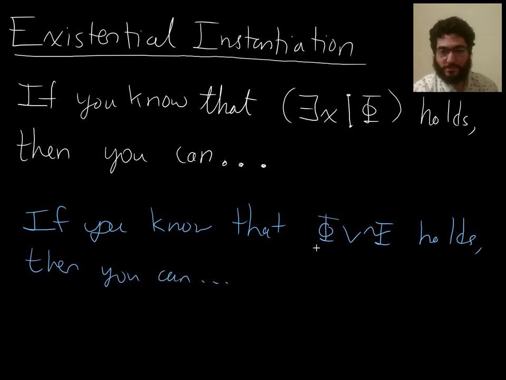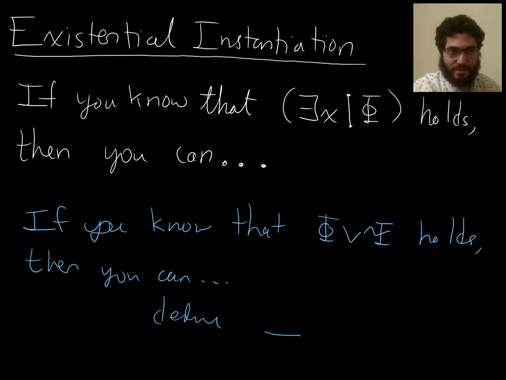How do we describe how to make use of an or? Proof by cases came up, and it didn't tell us that we can deduce anything exactly. It was more complicated than that. It didn't say you can deduce phi, because you can't. If you know phi or psi, then you don't necessarily know phi, and you don't necessarily know psi. You just know that at least one of them is true.